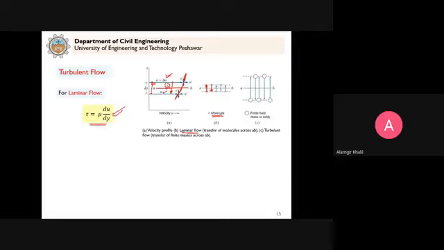But if we consider turbulent flow, what do we have? Rather than molecules, we have a finite mass of fluid, what is known as an eddy, pockets of fluid particles, or otherwise we say in fluid mechanics eddies, pockets of fluid that have a swirling, rotating effect.